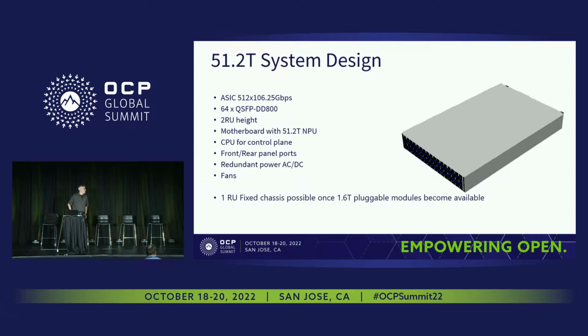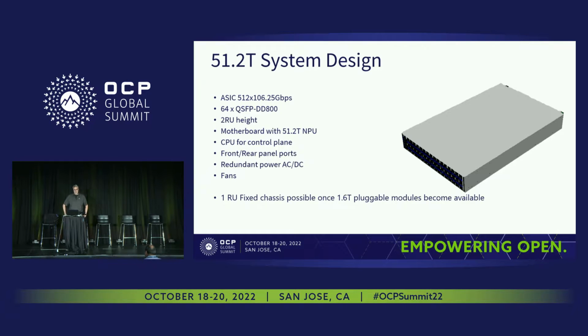So for the 51.2T design around that ASIC, let's put some boundary conditions on that as we discuss implementation trade-offs. We've already walked you through the roadmap from 2010 to an ASIC where we're postulating a 512 by 106.25 gig SerDes ASIC, and that naturally maps at 100 gig per lane to 64 optics, in this case QSFP DD 800.